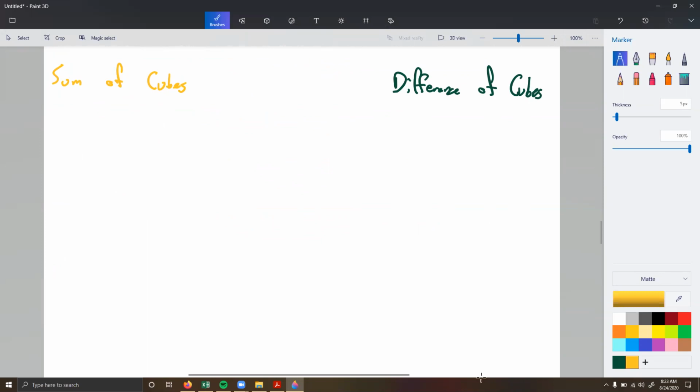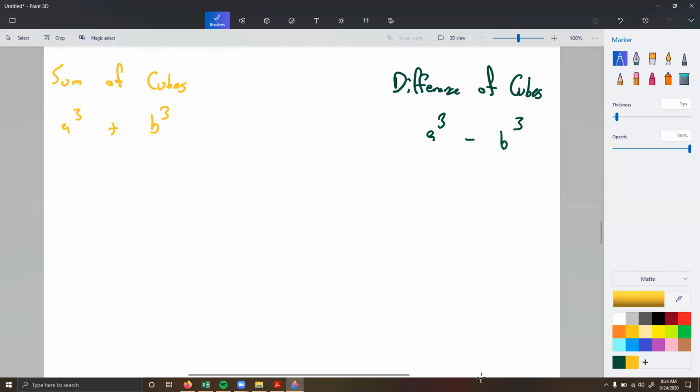You're basically just going to have a cubed plus b cubed. You have something cubed plus something cubed. The difference is basically the same thing. The only thing is, it's a difference of 2 things. So it's a cubed minus b cubed. Okay, so far really similar. And pretty similar process for taking these things apart, which is great. We love that.